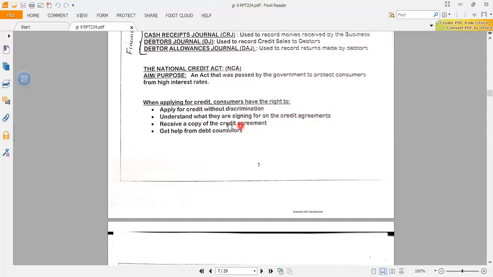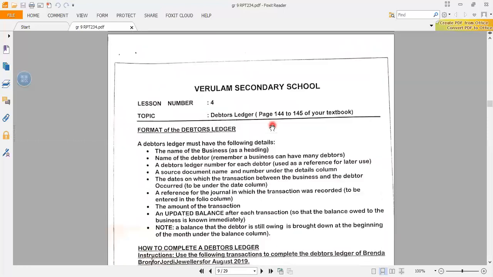Why? Because they can take this credit agreement and get back to the business before signing. If they wish to understand the clauses better, because some clauses may be hidden, they can take it to their attorney or somebody who is able to explain it to them better before they sign.